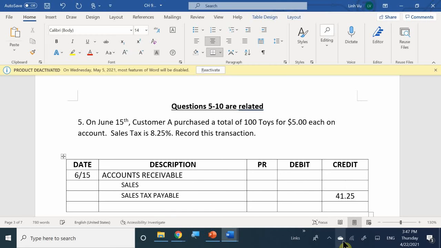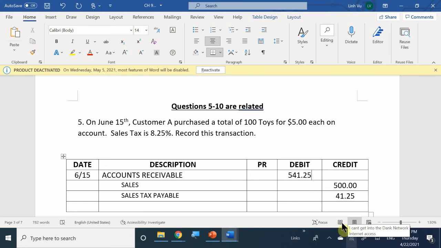The sales was for $500. Right? 100 times 5 is $500. Good. Tax is based off of the $500. So in grand total, how much does customer A owe us? $541.25.